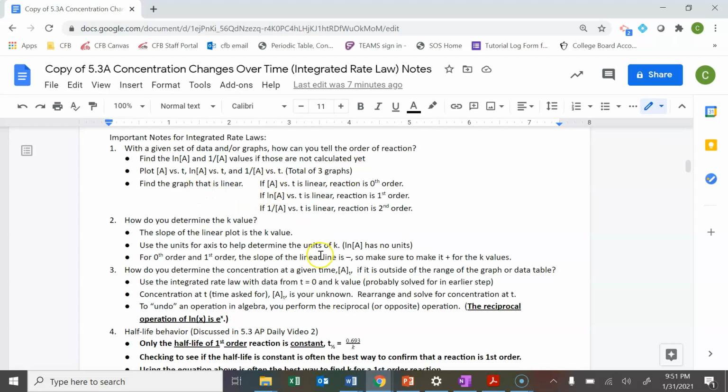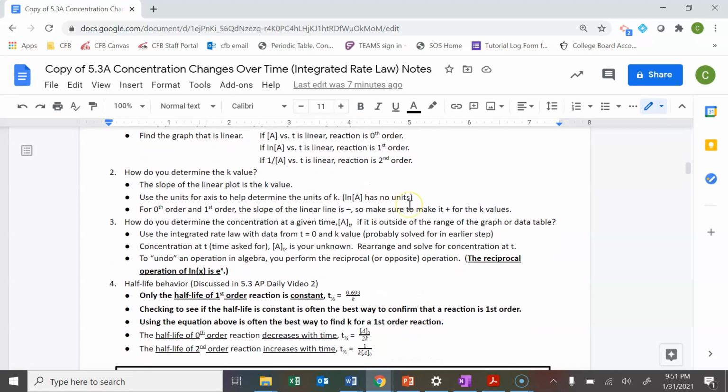Find the graph that's linear. If it's concentration of A on the y-axis, that's going to be 0 order. If the y-axis is Ln of A, where T is the x-axis, it's first order. But if it's 1 over concentration of A, where T is the x-axis, and that is the one that is linear or straight line, that'll be second order.